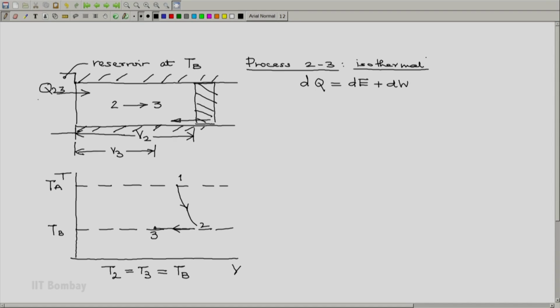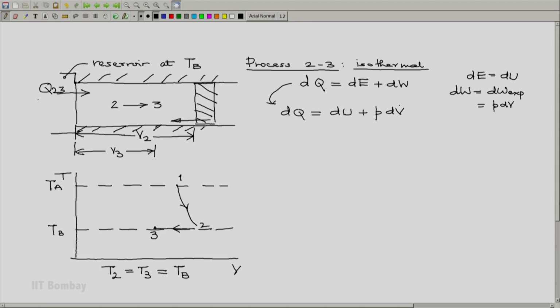Now we will make the same assumption as earlier, that dE equals dU, no change in potential energy, kinetic energy, etc. And because it is a reversible process and our working fluid is a gas, the only work interaction allowed is the expansion work. So we will get dW is dW expansion, which is PdV. So this equation reduces to dQ equals dU plus PdV.